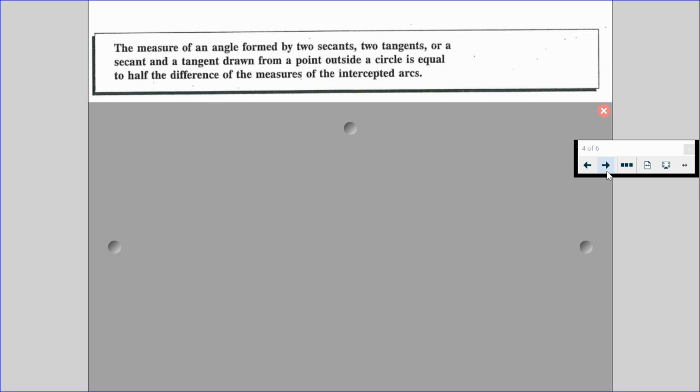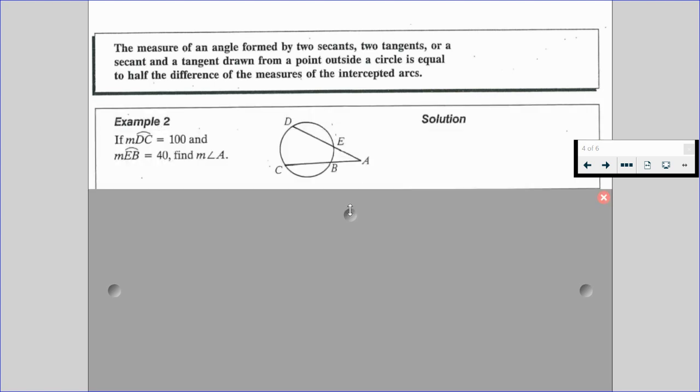So the measure of an angle formed by two secants, two tangents, or a secant and a tangent drawn from a point outside of the circle is equal to half the difference of the measures of the intercepted arcs. And we have two different examples here.